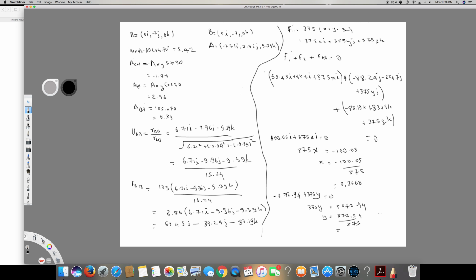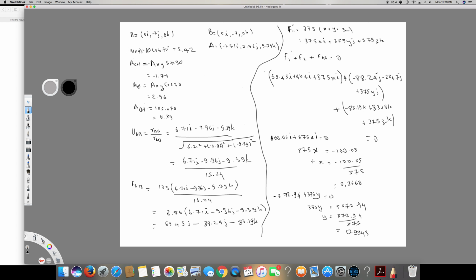If I divide that, 372.94 divided by 375 is equal to 0.9945. That's my y value.